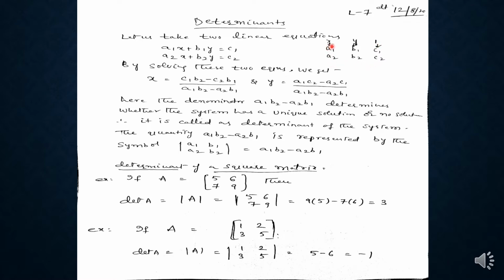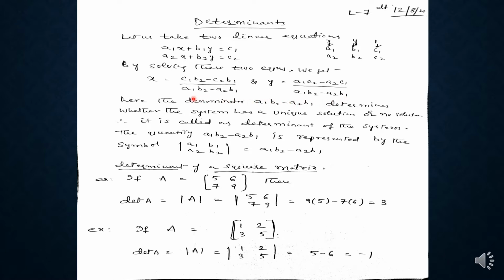So x by c1 b2 minus c2 b1 is equal to y by a1 c2 minus a2 c1 and 1 by a1 b2 minus a2 b1. So from that we can write x is equal to c1 b2 minus c2 b1 by a1 b2 minus a2 b1, and y is equal to a1 c2 minus a2 c1 by a1 b2 minus a2 b1.